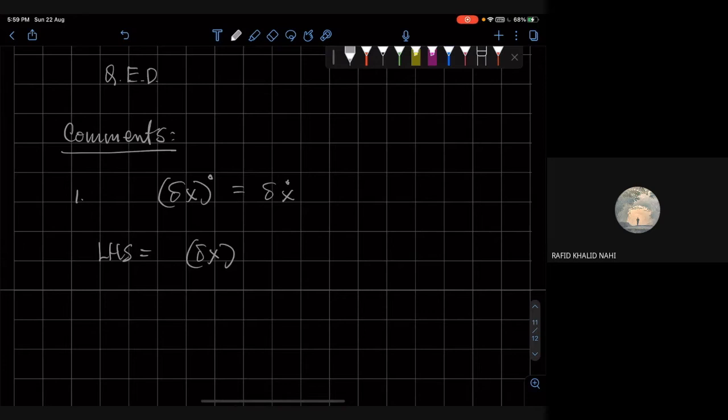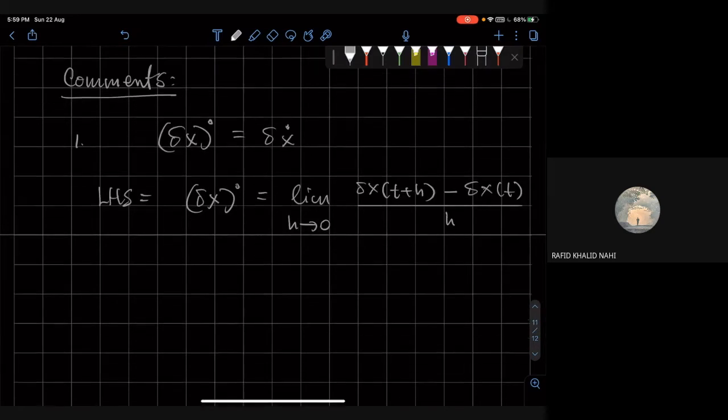Delta x dot is the limit h goes to 0 of delta x of t plus h minus delta x of t divided by h. We're using the definition of the derivative.